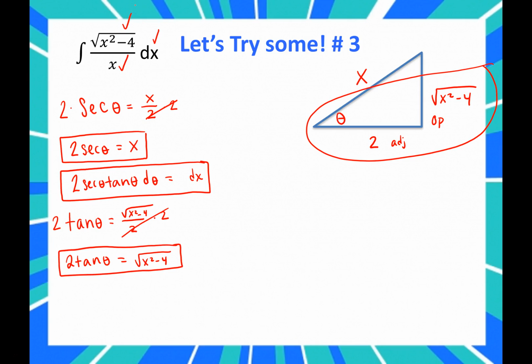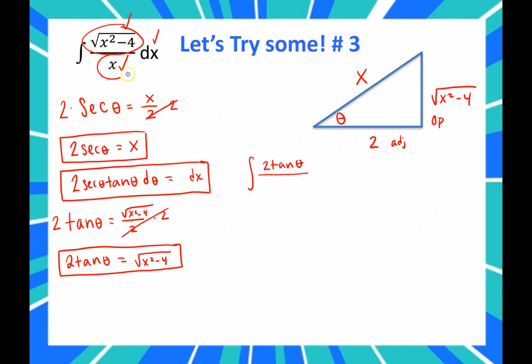So now I'm going to go ahead and plug into my integral with the substitution. This right here is going to be replaced with a 2 tan theta, and then divided by my x, which is going to be replaced with a 2 secant theta. Now my dx is going to be replaced with a 2 secant theta tan theta d theta.